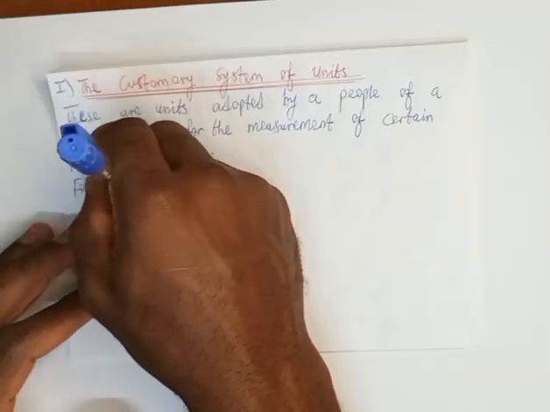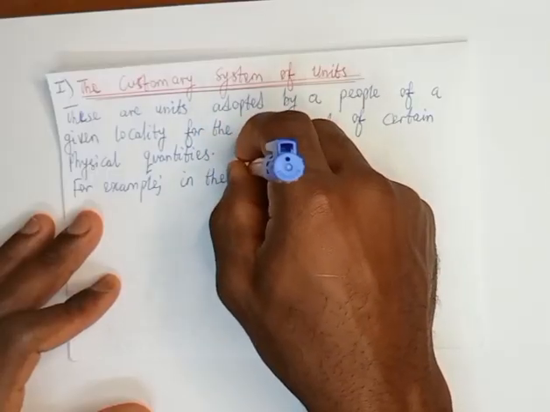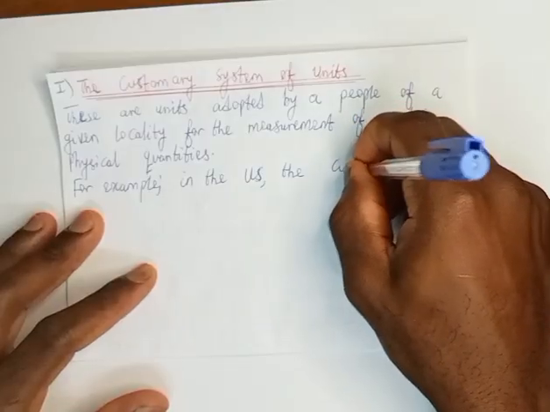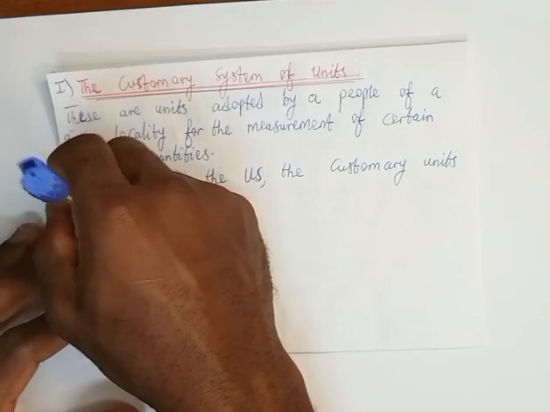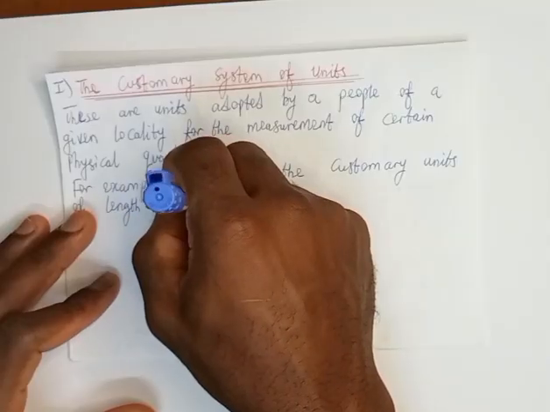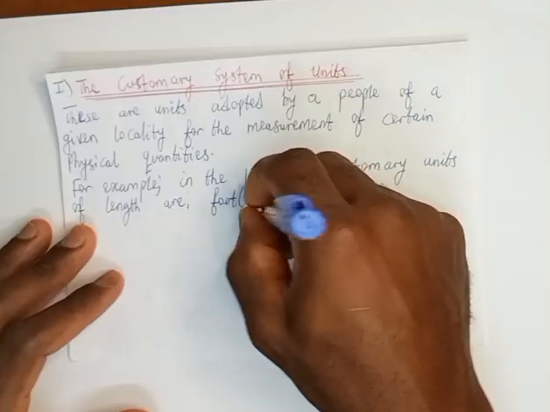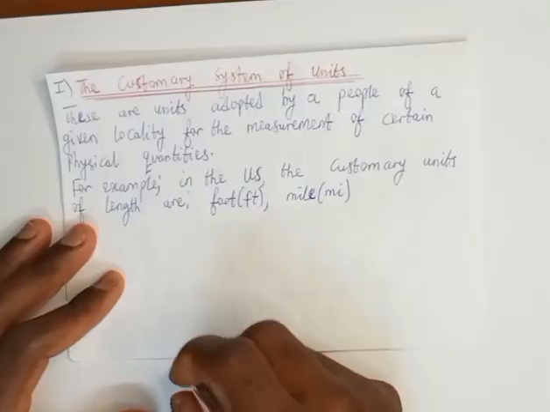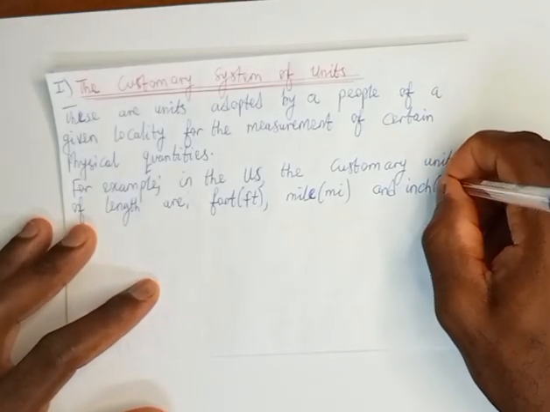For example, in the US, customary units of length are, we have the foot, which is abbreviated FT, we have the mile, which is abbreviated MI, and we have inch, which is abbreviated as IN.